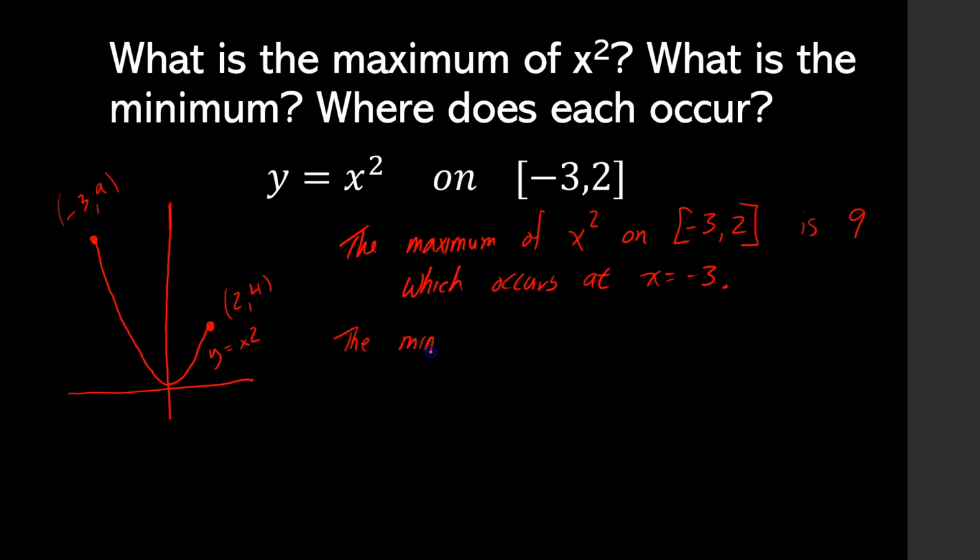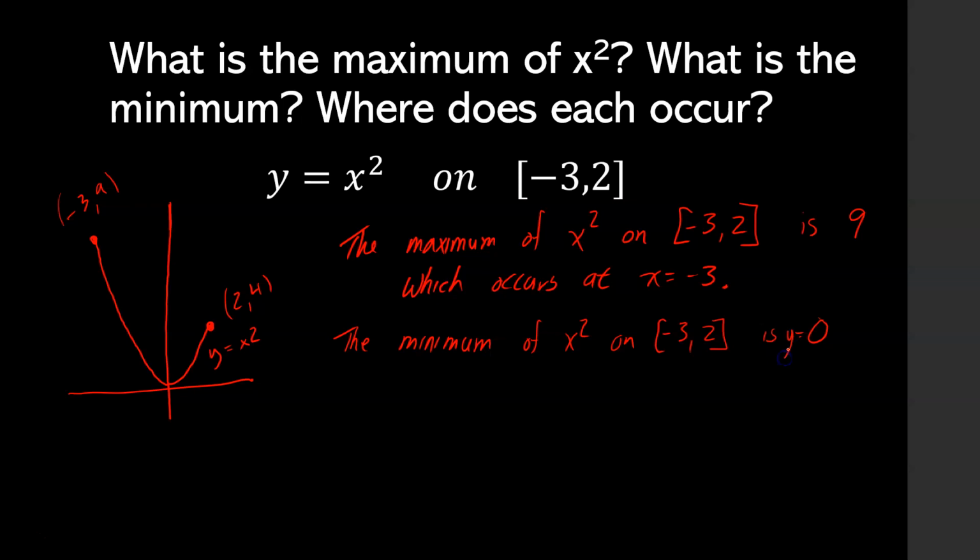The minimum of x squared, do you know what I'm going to write? So I am going to include that closed interval, [-3, 2], because that's the question I was asked. So the minimum of x squared on [-3, 2] is 0. By the way, that's y equals 0.